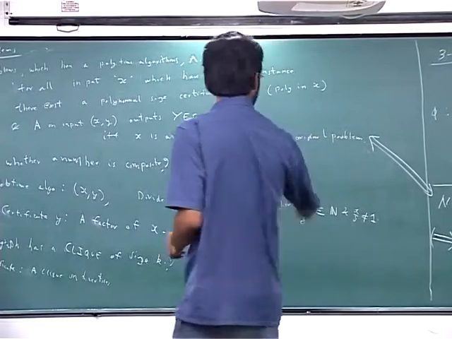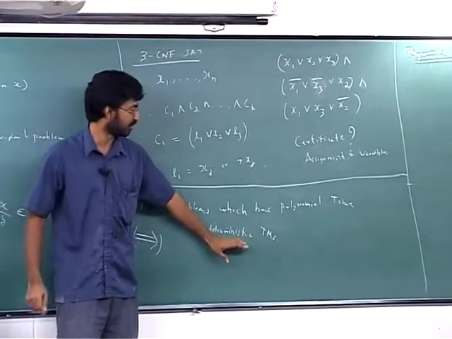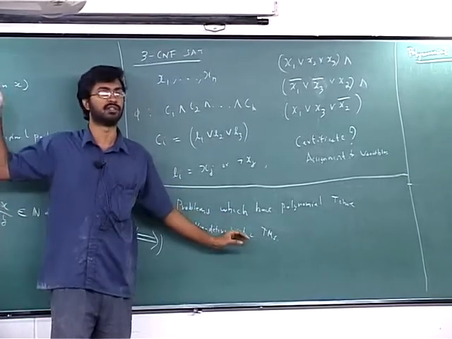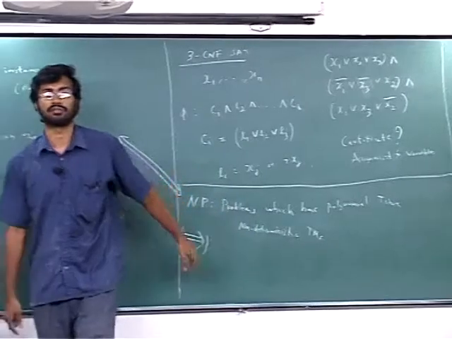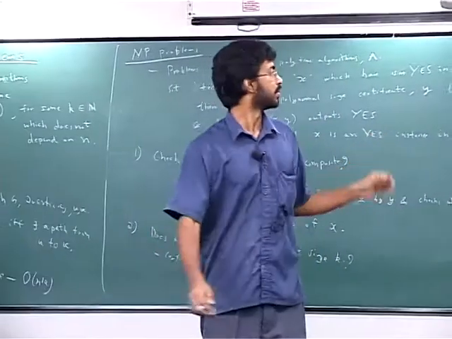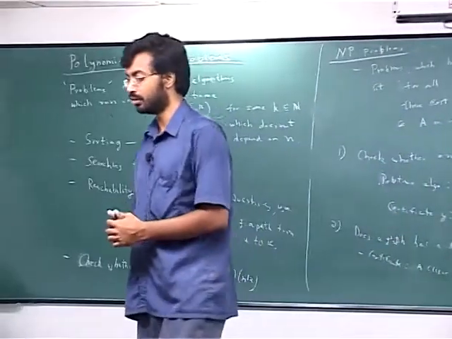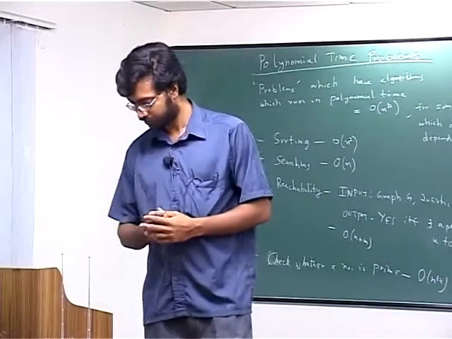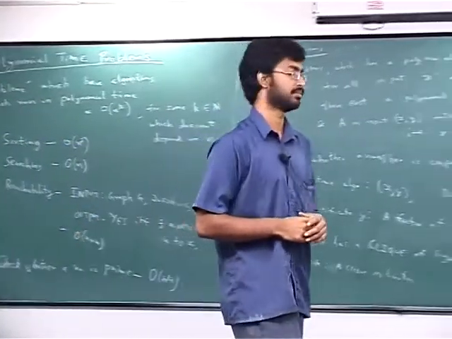The name NP comes from the fact that it is a non-deterministic polynomial time machine, from this definition of NP. Okay, so we have seen NP problems, we have seen polynomial time problems. Now what we are going to look at is polynomial time reductions.